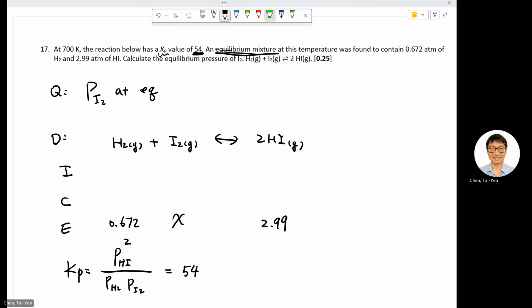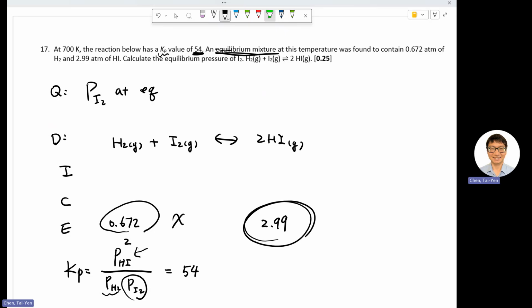Okay. So from here, you can see that the pressure of HI at equilibrium was actually given. The pressure of H2 at equilibrium is also given, right? This is the thing that isn't given and they want you to compute. Therefore, 54 is going to equal 2.99 to the second power over 0.672 to the first power times your X, right?